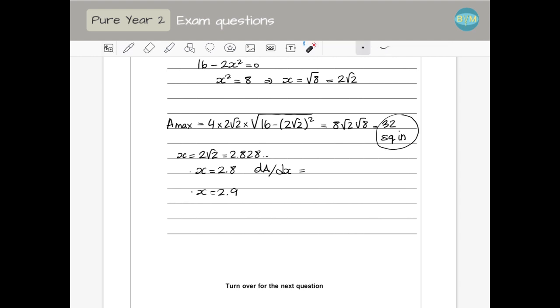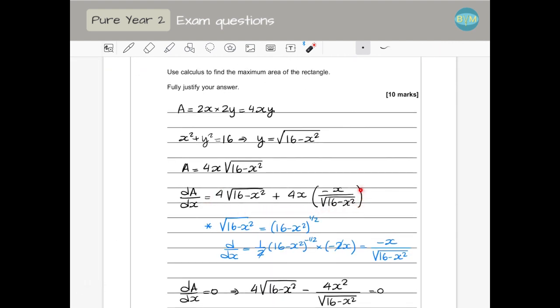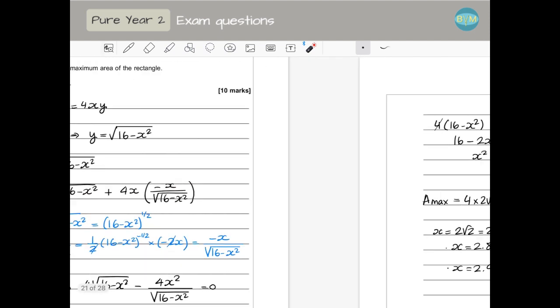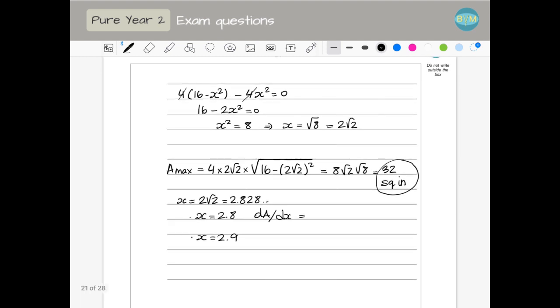When I substitute 2.8 in my derivative, which is this one, it's long, but you just put 2.8 in the calculator. If you do that, you get 0.448, something.